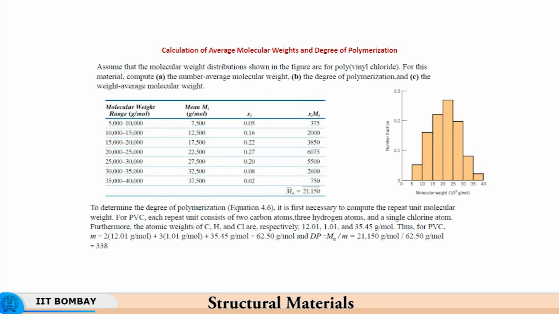So, now you have 3 hydrogen atoms, 2 carbon atoms, and 1 chlorine atom, right. The atomic weight of carbon is 12, hydrogen is 1, and chlorine is 35.45 gram per mole.